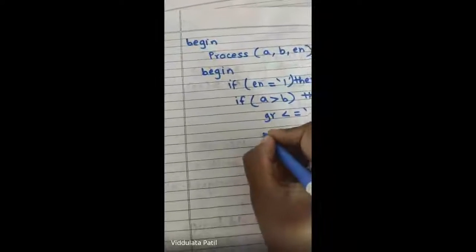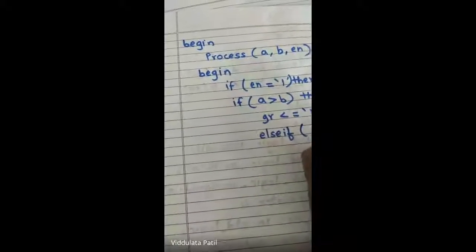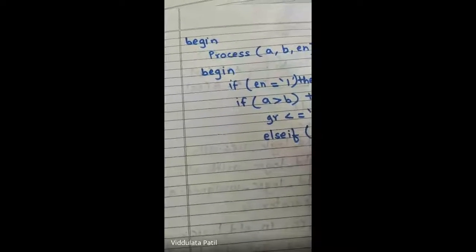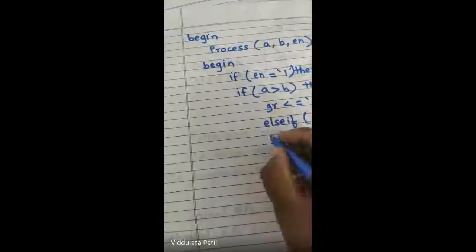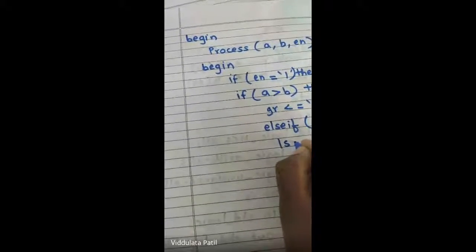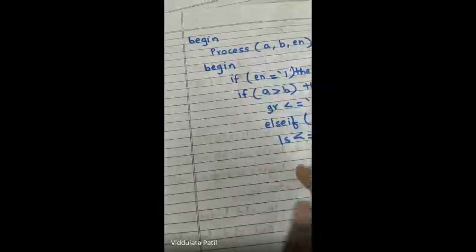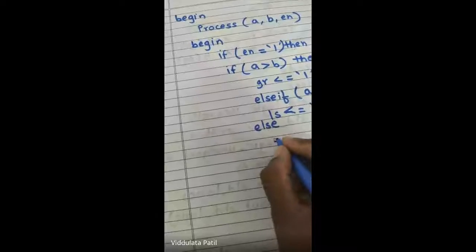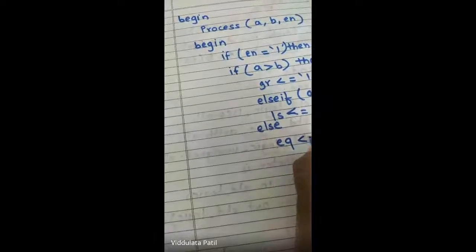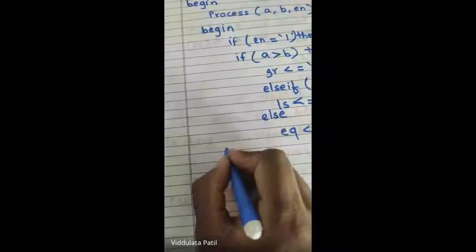Okay, else if A is less than B, then LS is assigned to 1, or else EQ will be assigned to 1. Okay. Then end of this if statement.